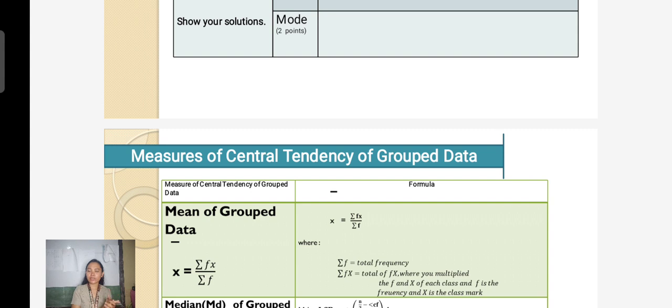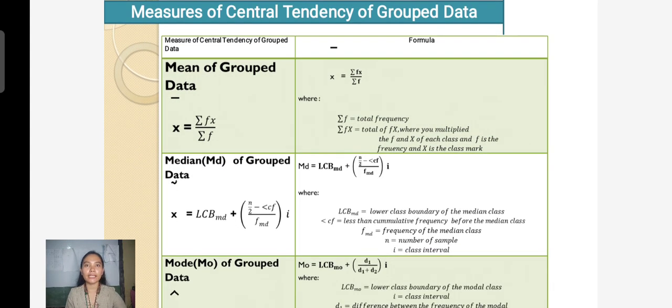And then, another interesting part is we are going to calculate the mean, median, and mode of group data. Okay. So, measures of central tendency of group data. Naa diha ang formula. So, the mean of group data, that is x bar, is equal to summation of fx over summation of f.